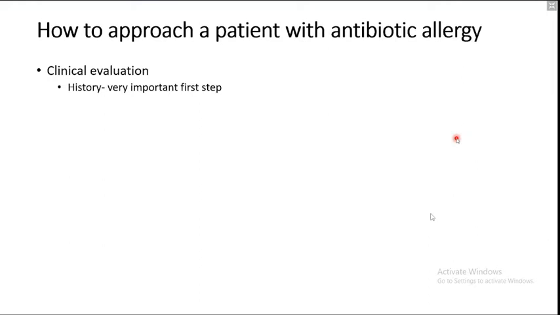Now, the main question, how to approach a patient with antibiotic allergy. So the clinical evaluation is very, very important. History is the most important first step. So in the history, you have to make sure that it is an allergic reaction, and the allergic reaction is due to this particular culprit drug, right? So, sometimes some patients have a condition known as chronic idiopathic urticaria, and time to time they develop this urticaria, right?